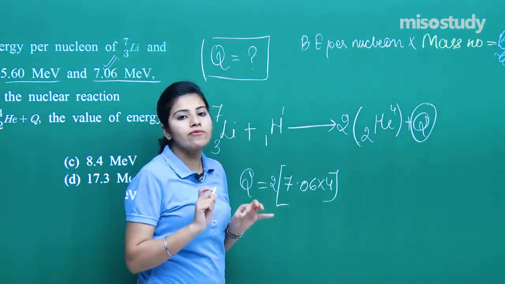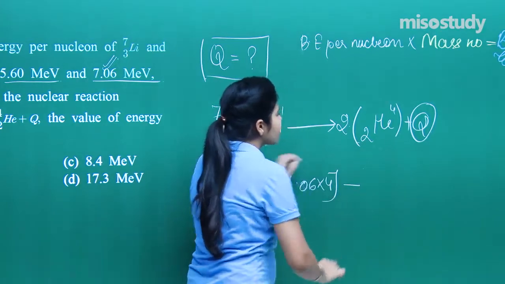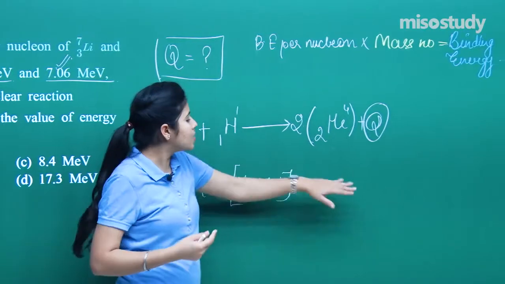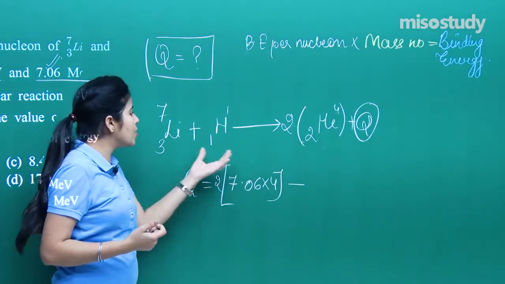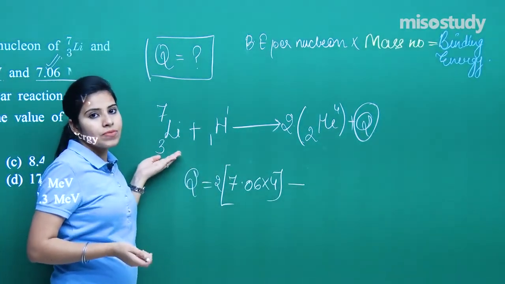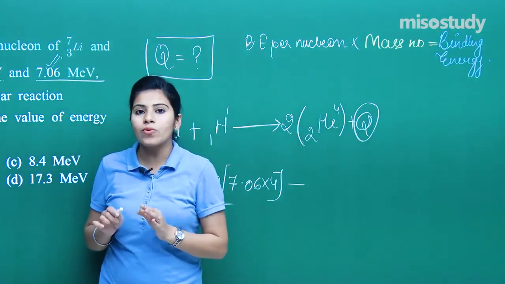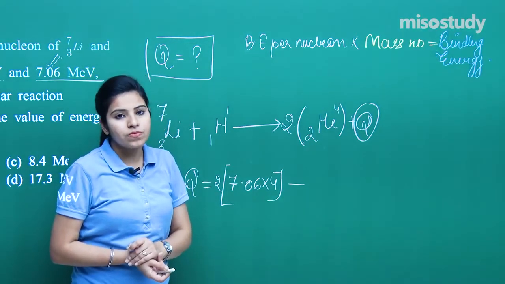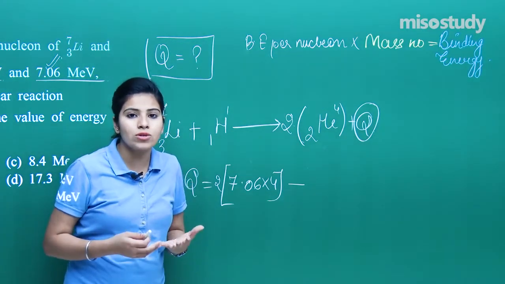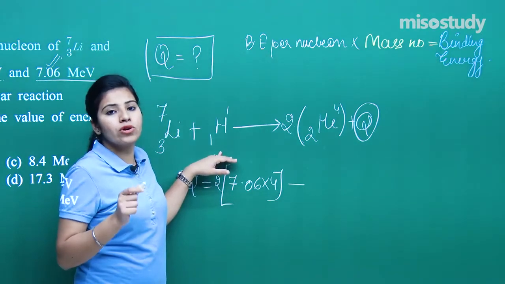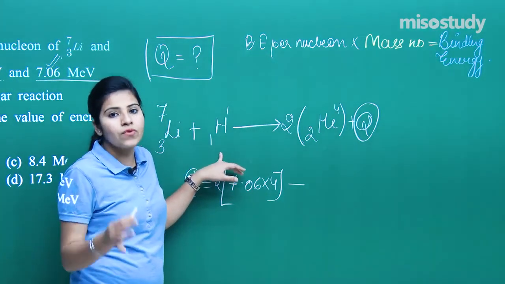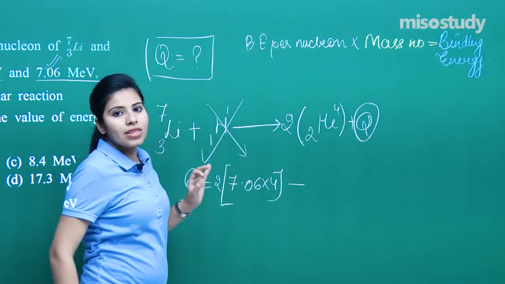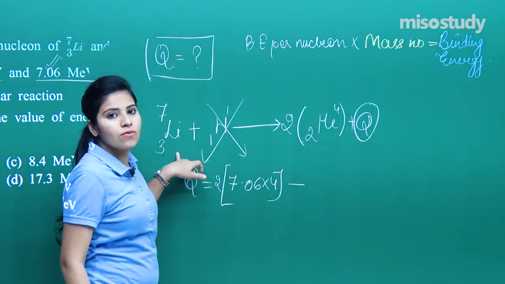Binding energy per nucleon multiplied by the mass number. Minus, now you have to subtract because in the products you are only having the 2 helium particles, while in the reactants you are having hydrogen and lithium. In the question we are not provided the binding energy per nucleon for the hydrogen, and I can just tell you that the binding energy per nucleon for the hydrogen is 0. So we can totally ignore this. Now we are having only lithium for the reactant.